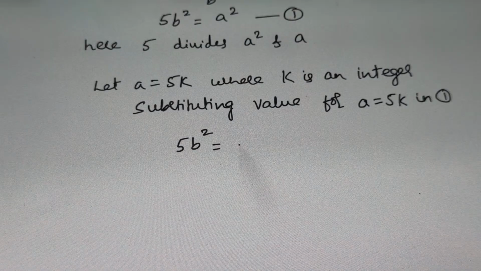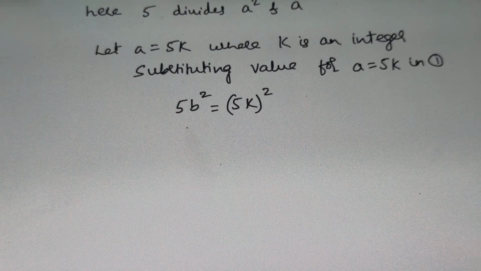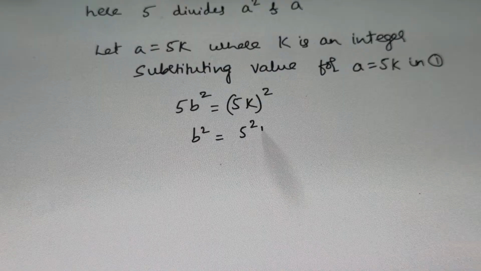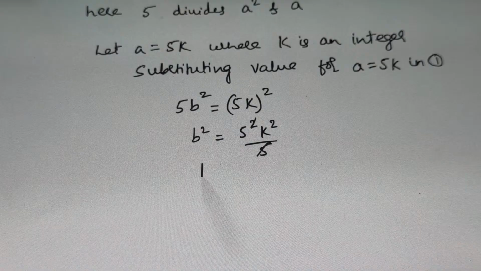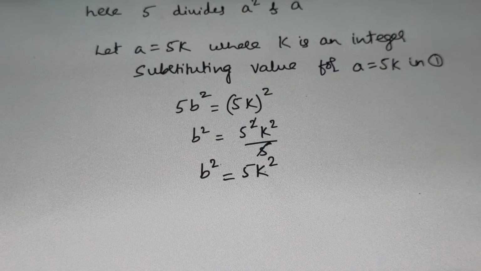So we have 5b square is equal to 5k whole square. 5 square is 25, so we can write 25 k square. By 5, the 5 gets cancelled in the numerator and denominator. So b square equals 5k square.